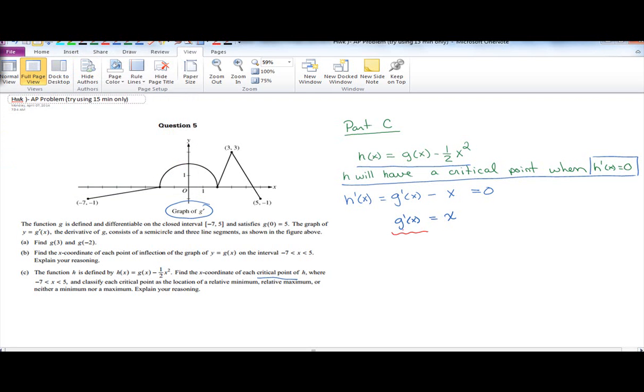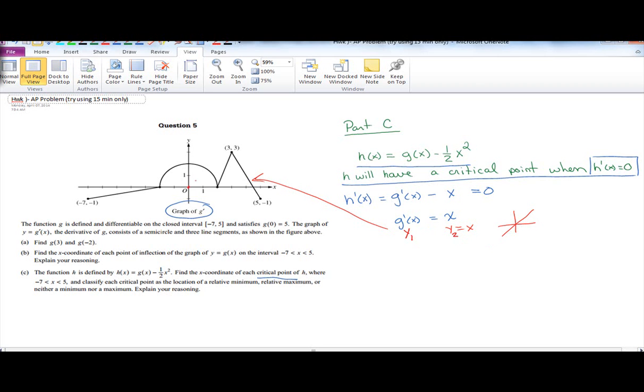We know what this looks like. It's sketched here. We also know what y equals x looks like. It's a line. So if I superimpose the line with slope of 1 onto g prime of x, it's almost like taking it to your calculator and calling this y1 and this y2, graphing them together and finding an intersection.